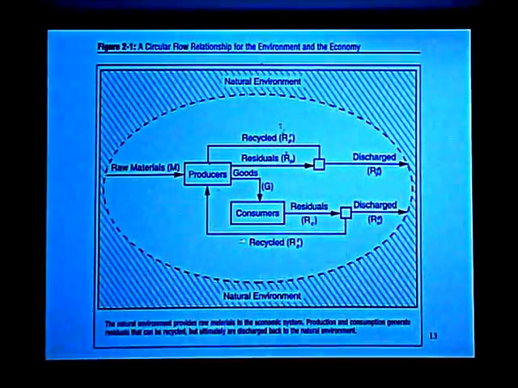Some of it will be recycled back, and some just goes back into the environment. And then here, the producers do their own thing and it goes directly. So this is an expansion of the model. Every economy obeys this simple model. Different degrees, the same story.